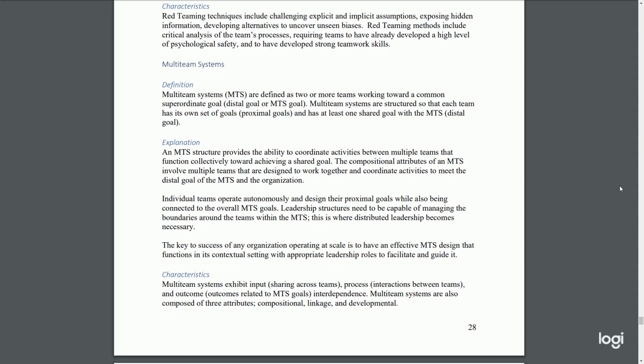Characteristics. Multi-team systems exhibit input, sharing across teams, processes, interactions between teams, and outcomes related to MTS goals. Interdependencies. Multi-team systems are also composed of three attributes: compositional, linkage, and developmental.